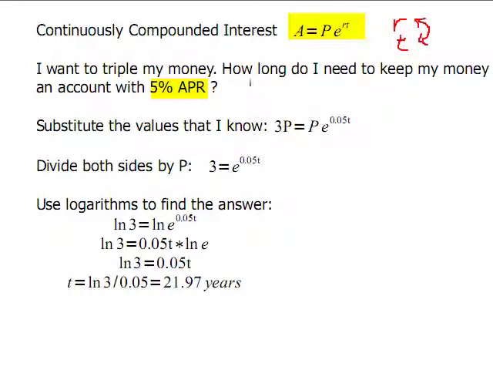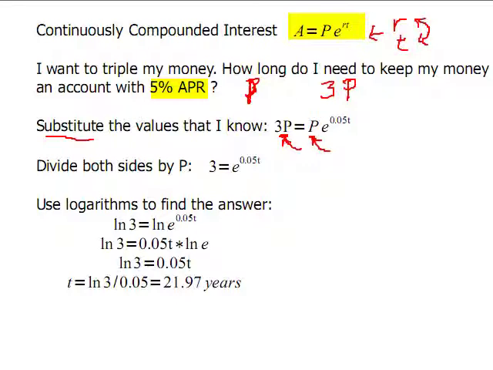The initial value is P. If I triple it, I want 3 times it, right? So no matter how much I put in, I want 3 times the money back out. So here's how I substitute these values into my original equation. The amount I want is 3 times my principal, 3 times whatever I deposit.